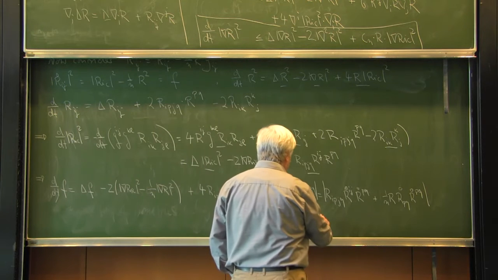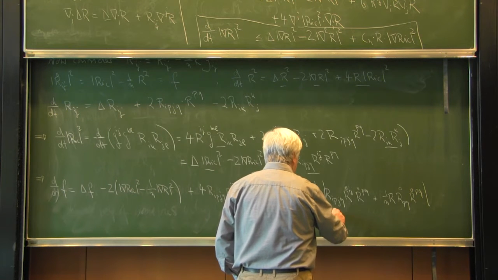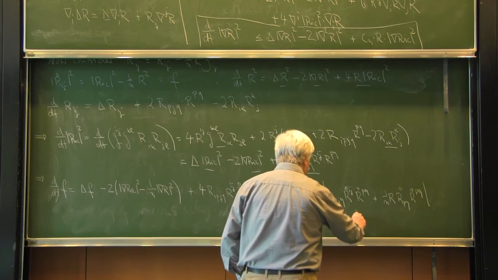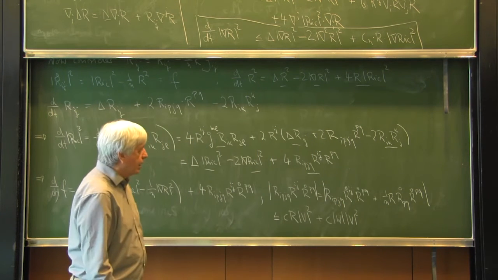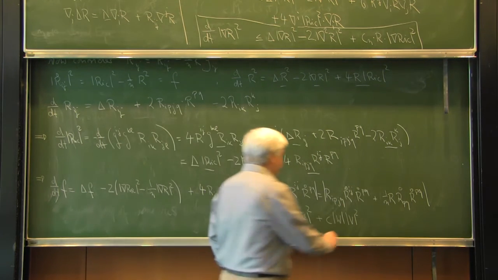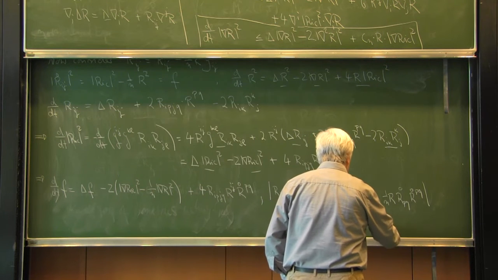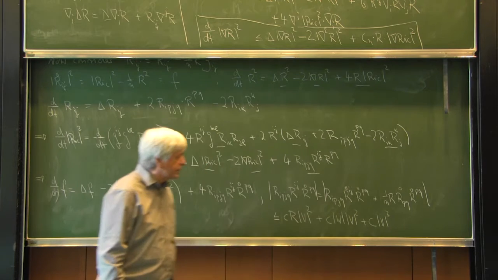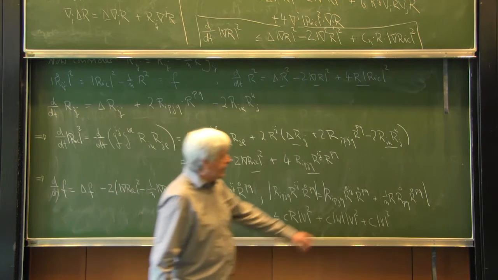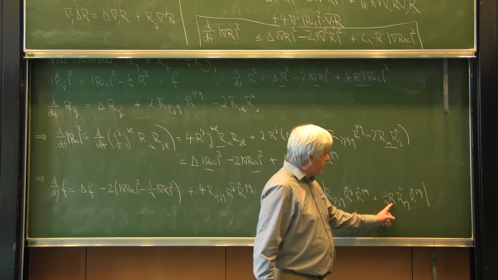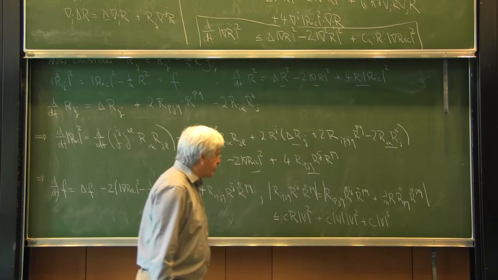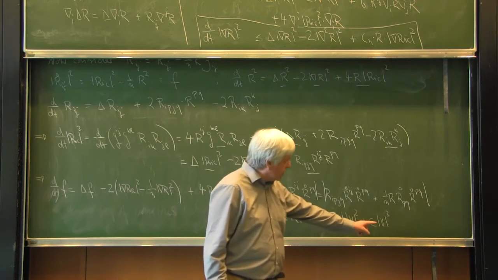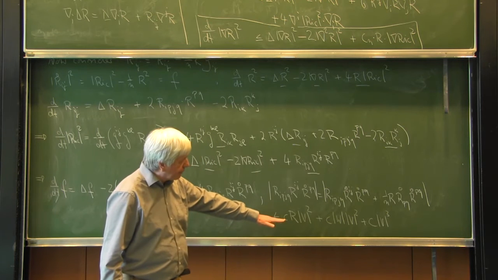There will be another term which involves the W part times the traceless Ricci part squared. And there will be another term involving the traceless Ricci part to the power 3, because this also contains some traceless Ricci part. And this last term here clearly just contains scalar curvature times traceless Ricci part. So I can estimate all these terms in this way.